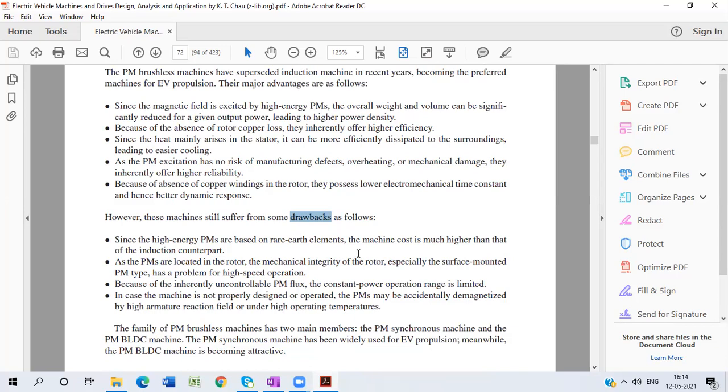Only if the flux is varied can you get a higher range of operation, but here there is a limitation of the flux, because whatever flux is produced by the permanent magnet is fixed. You have to remember that because of the inherently uncontrollable PM flux, the constant power operation range is limited.